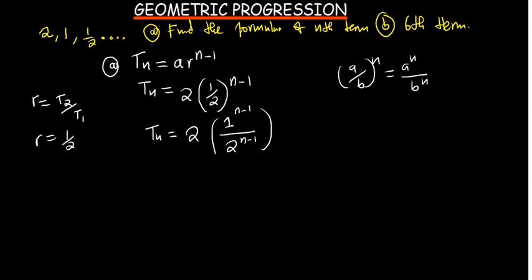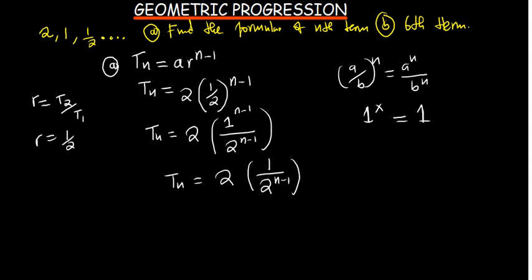Now you also know that 1 to the power x is always equal to 1. 1 to the power anything, it doesn't matter what x is, as long as the base is 1, it will always give you a 1. So this will give us the nth term being equal to 2, open bracket, 1 to the power n minus 1, which is still a 1, over 2 to the power n minus 1.